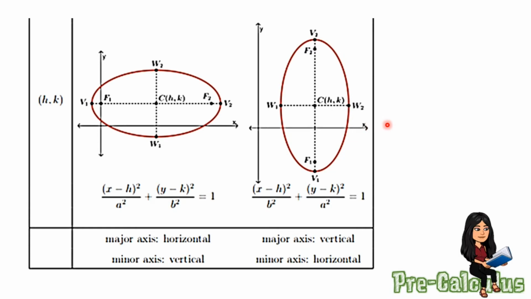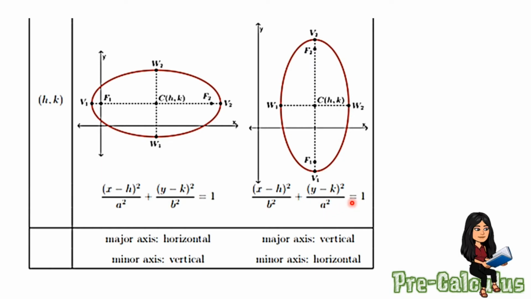If your ellipse is vertical and its center is at h and k, not on the origin, your standard form of equation will be the quantity x minus h squared over b squared plus the quantity y minus k squared over a squared is equal to 1.